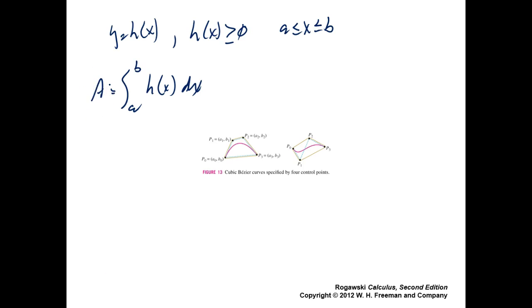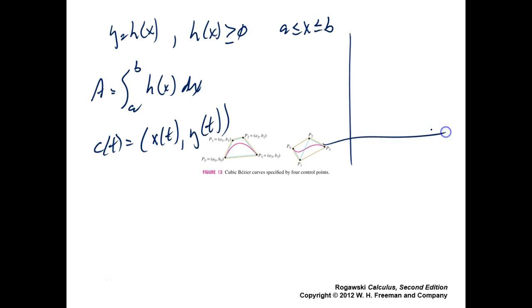Now, when the curve h of x is traced once by a parametric curve c of t, and that c of t is your ordered pairs x of t, y of t, as in figure 14, which you don't have, I'll sort of draw a generic curve. This is the x-axis, here's the y-axis.